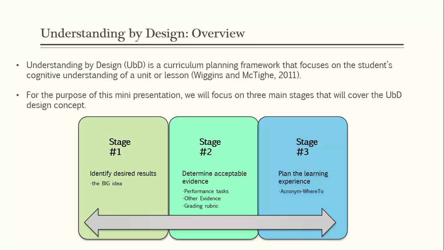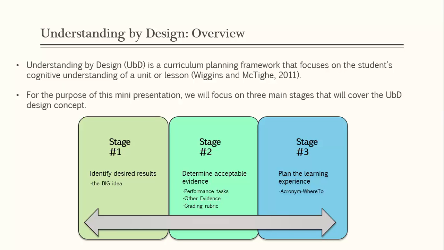Before we dive into the individual stages, I want to give you a brief overview regarding the Understanding by Design concept. Understanding by Design, UbD, is a curriculum planning framework that focuses on students' cognitive understanding of a unit or lesson. Wiggins and McTighe, 2011. For the purpose of this mini presentation, we will focus on 3 main stages that will cover the UbD design concept.